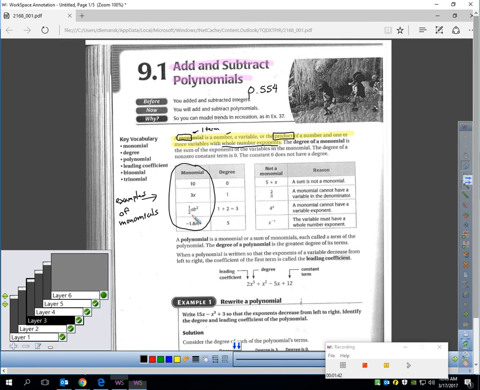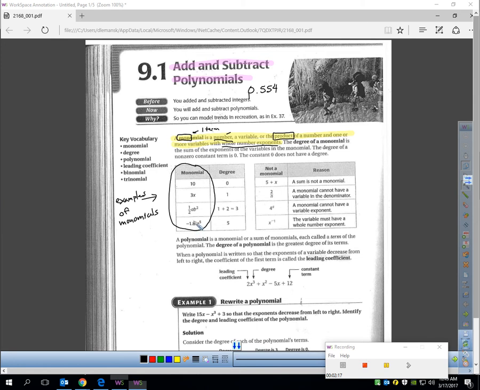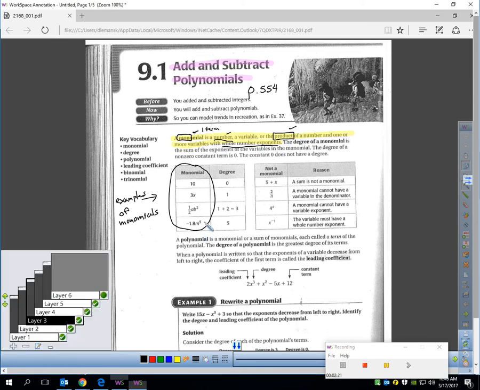It's a number, half, multiplied with variables, and those variables have whole number exponents. This is definitely a monomial. Negative 8.5 m to the 5th. That's a monomial. I have a number, negative 8.5, and I'm multiplying it, product, with a variable that has a whole number exponent. Every one of these are monomials.